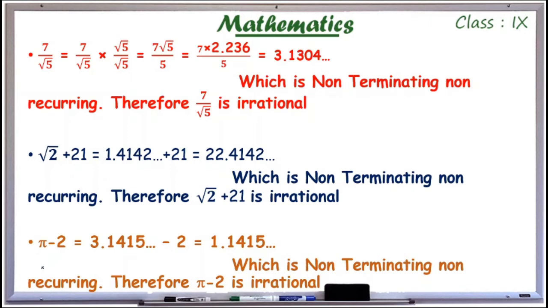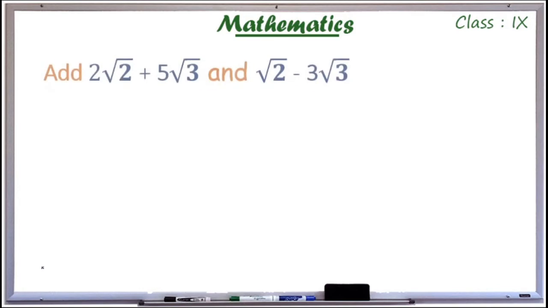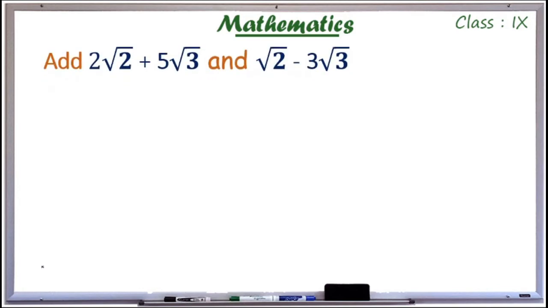Just go through these problems. And read this problem. 2 root 2 plus 5 root 3 and root 2 minus 3 root 3. So we have to add this with this.